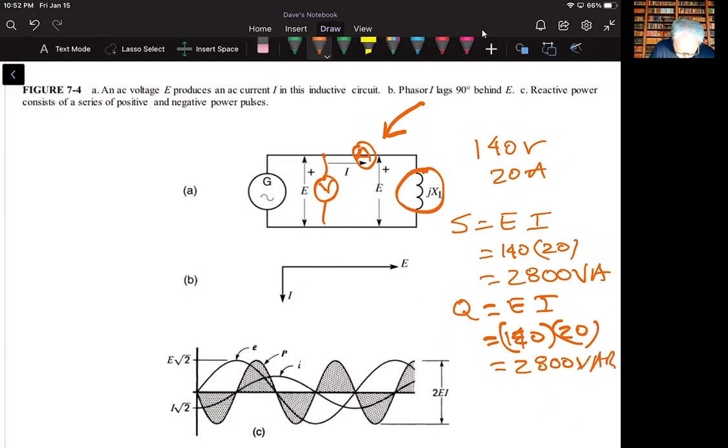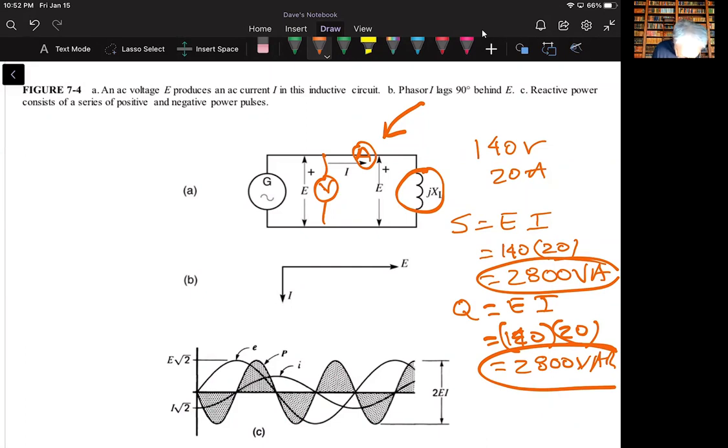All right. So what we're seeing here is that this is a total reactive circuit, because all of the power that is absorbed is reactive power. And if you had a VAR meter connected into this circuit, that's what you would see, is 2,800 VAR. And then he says, what about the active power?